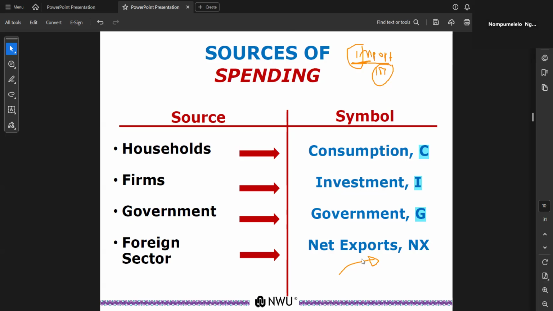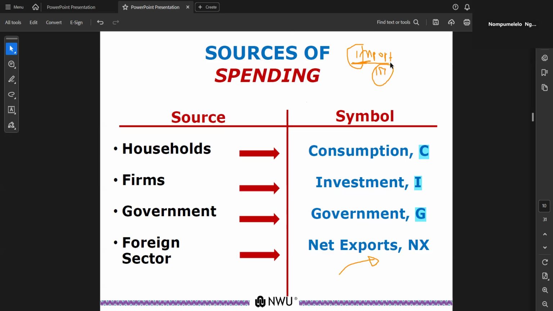And if imports is in, then exports is out. Exports means the goods are leaving our economy, which means we are selling goods to the rest of the world. This is a source of spending, because that country we are exporting to is spending their income on us in order to purchase these goods and services.